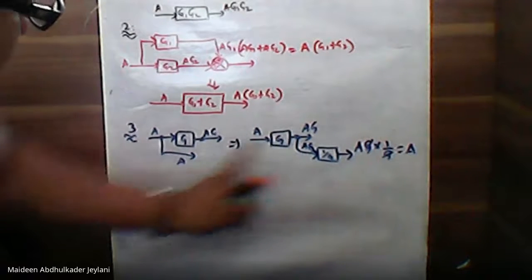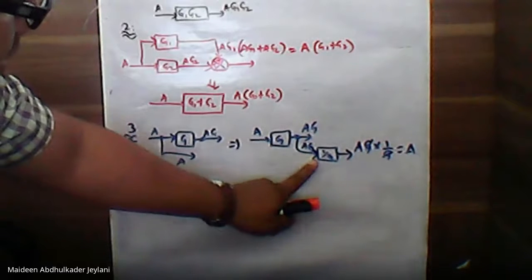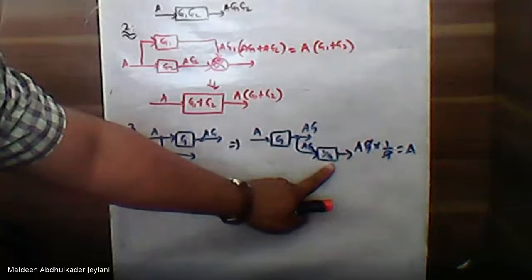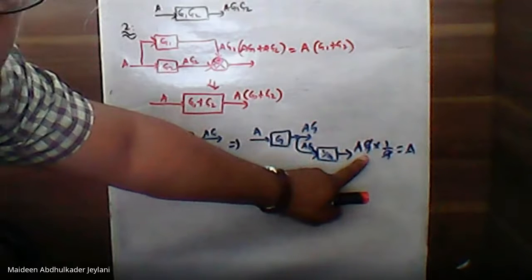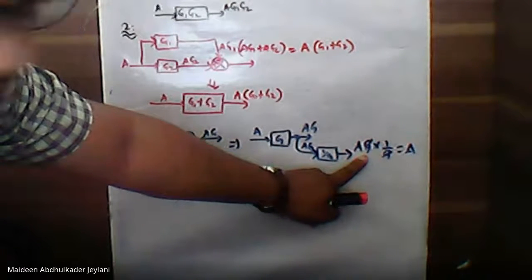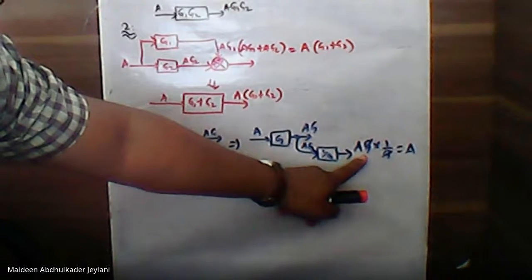AG will become available here, and if you divide by G, 1 by G, you will get the same system input as A. Clear? Any doubt on this?